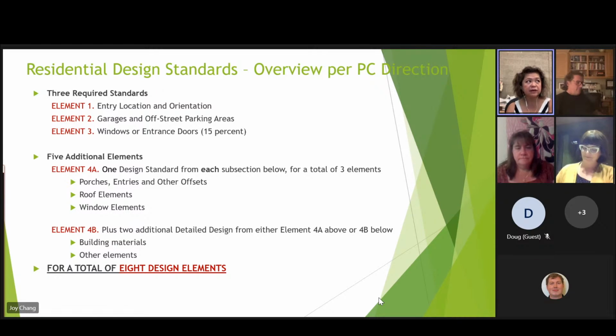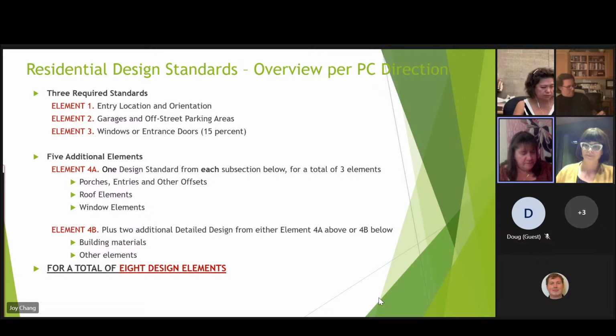And we definitely will be hearing from the development community about what's missing on the list. So on the building materials, horizontal lap siding, I'm not sure about whether that's important because someone else said that there are other things that are becoming more popular, that it's not necessarily only horizontal.